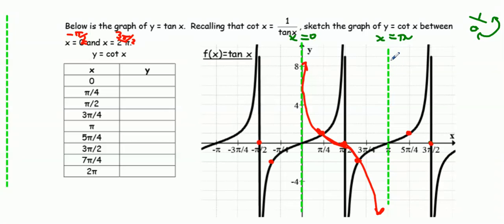I'm going to do the same thing here. It's going to come down, and it doesn't cross the x-axis like I have here. It's going to come down and then it's going to go this way. And over here, we've only got part of it. We've got the asymptote, it's coming up from here.